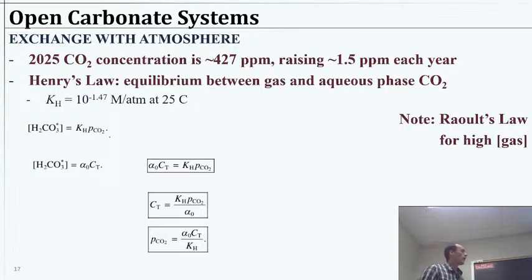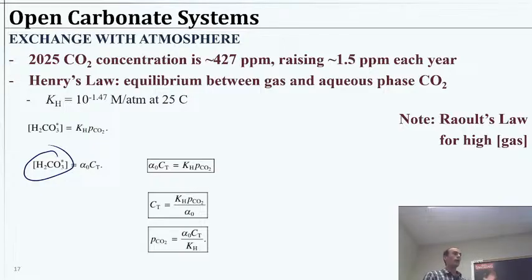Now, our alpha equations are going to be the same whether or not it's open. But for an open system, we can then include the CO2 into the calculations directly because we have this term H2CO3 as a function of the partial pressure of CO2 in the atmosphere.